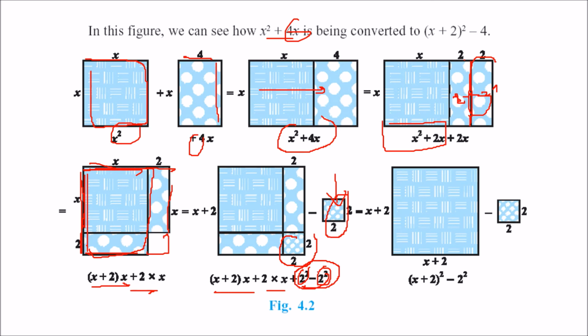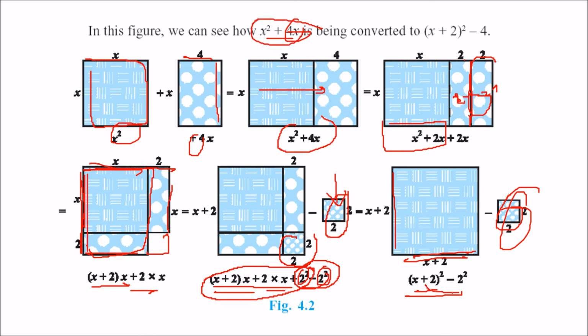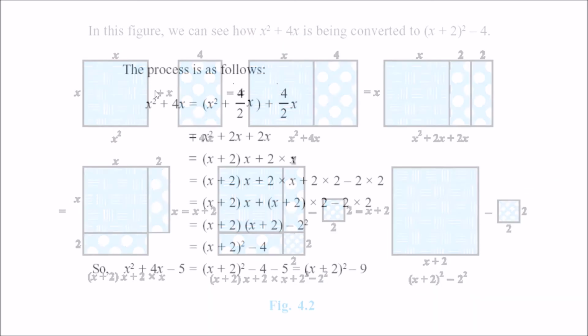Now this whole expression is nothing but x plus 2 whole square minus 2 square. So we started with x square plus 4x and have come up to this situation diagrammatically. This is how we make any equation a square.